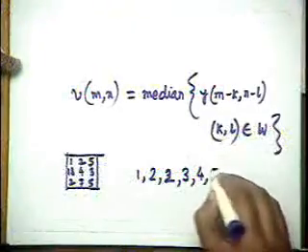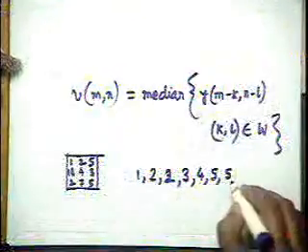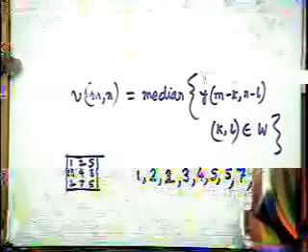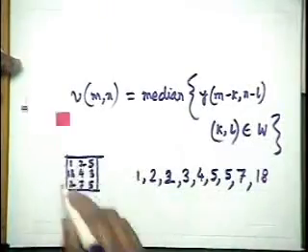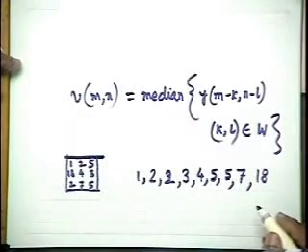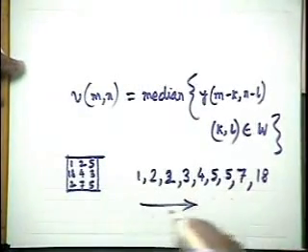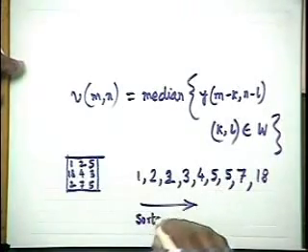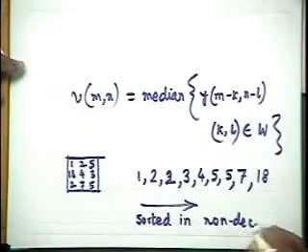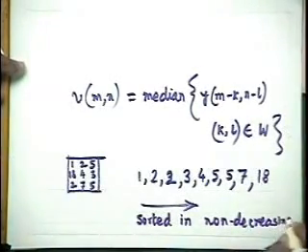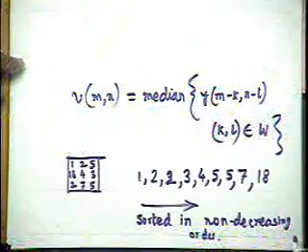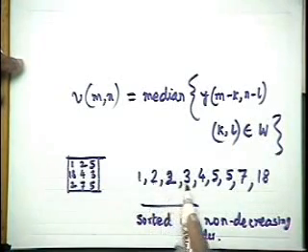So I have just sorted all these intensity values in non-decreasing order. Non-decreasing because it is 1, 2, 2. In this case 2 pixels have the same value, again 5, 5, so it is non-decreasing.